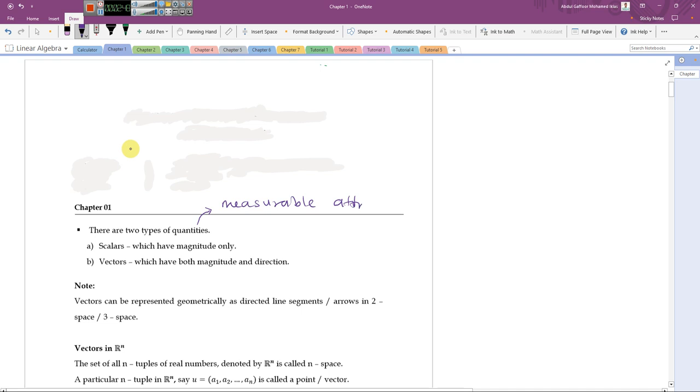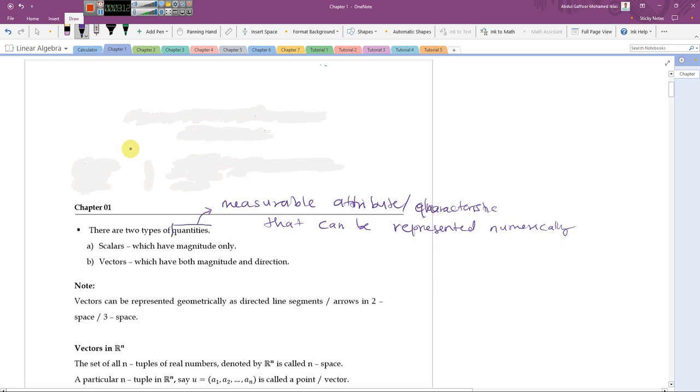So this is just a basic definition for quantity.